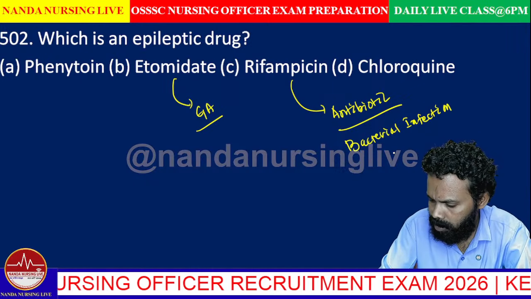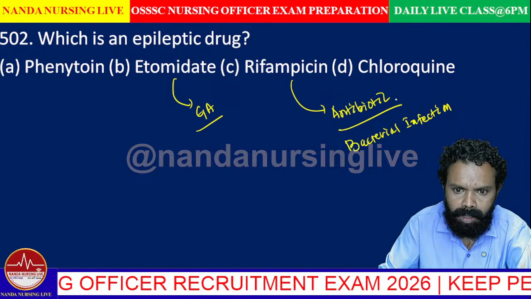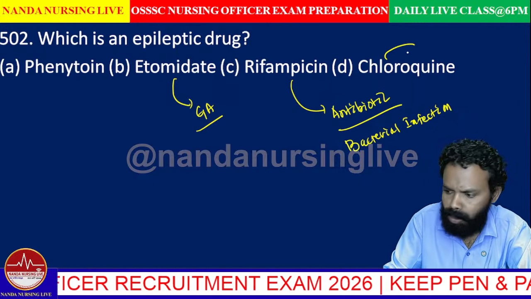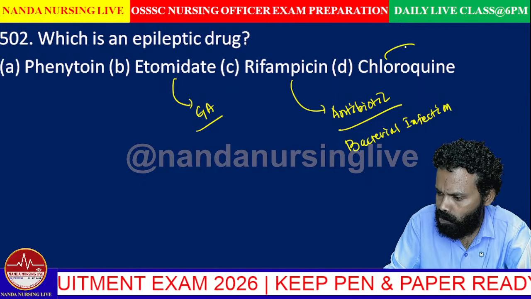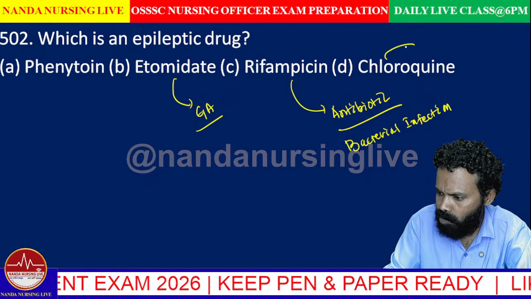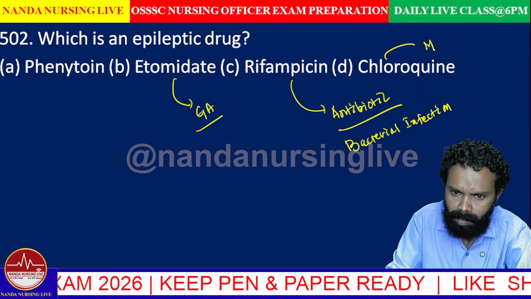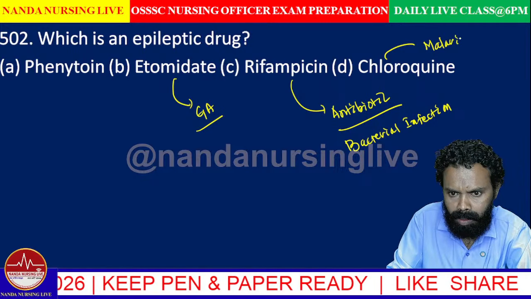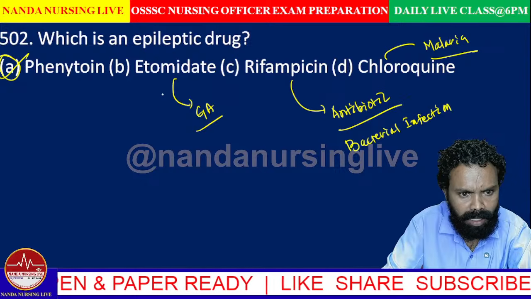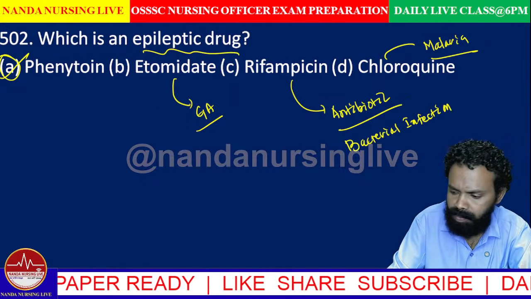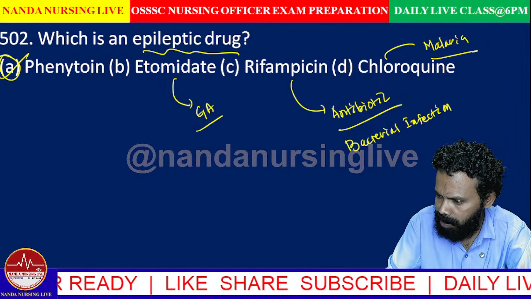And option D, chloroquine, is given for malaria, to treat malaria. So which option is the correct answer? Option A is the correct answer. Phenytoin is an antiepileptic drug.